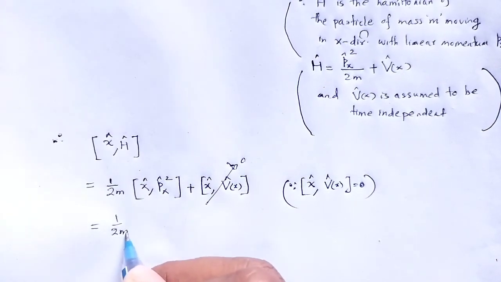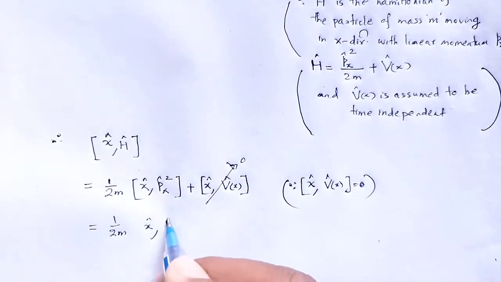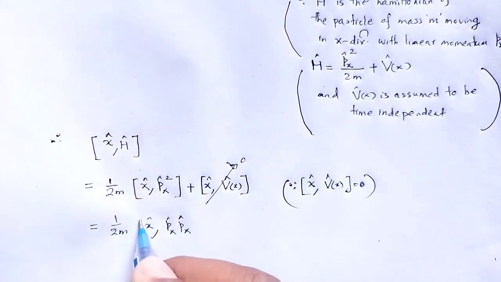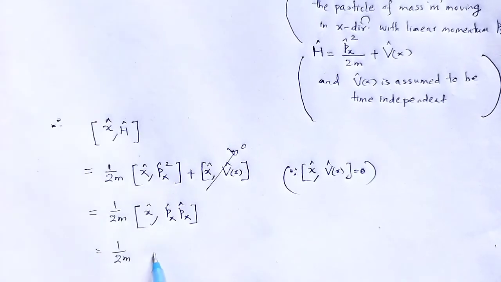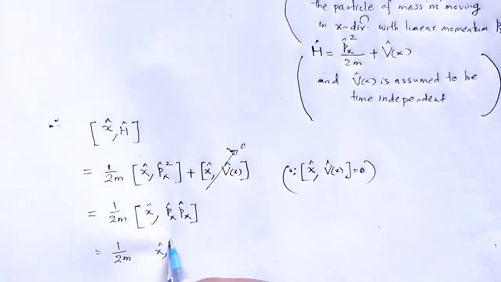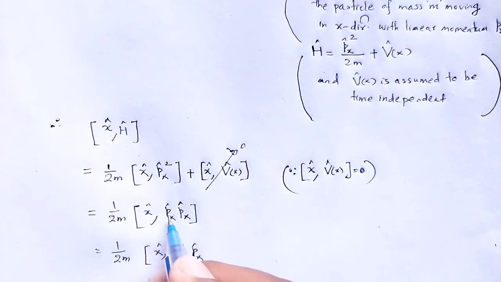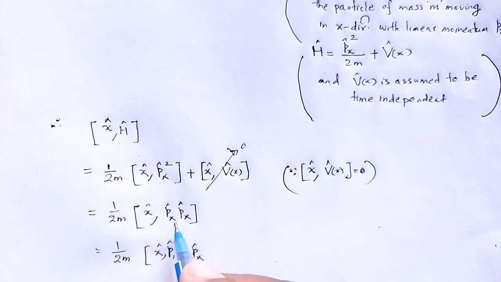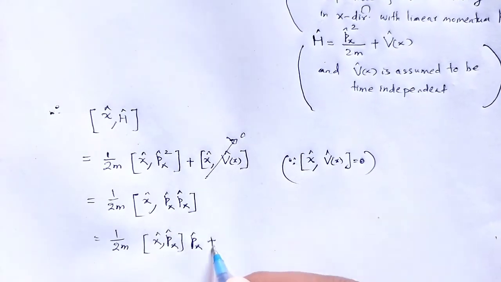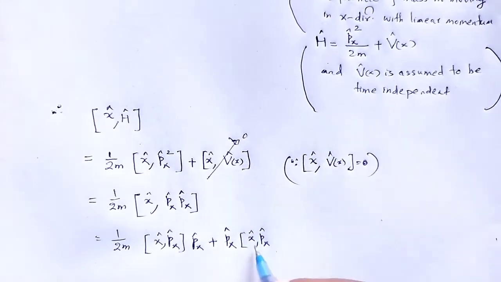So we have 1 by 2m, x cap, in place of px cap square, px cap and px cap. That is 1 by 2m, x cap px cap px cap, using the identity of commutator ab, c equals a commutator b c plus commutator a c times b: px cap x cap px cap.